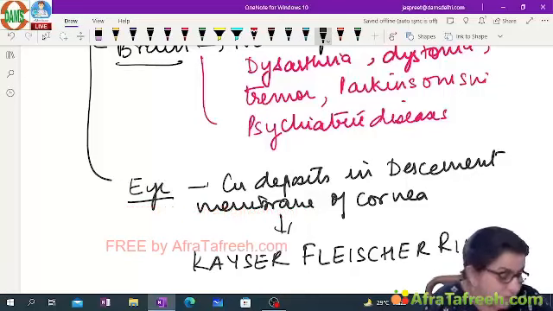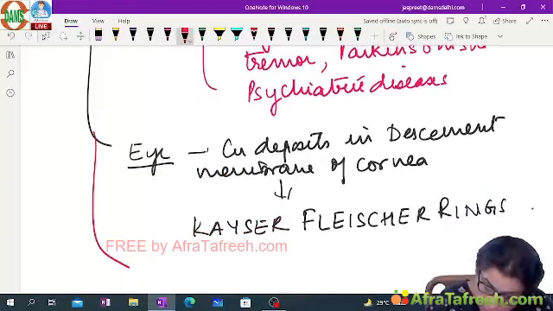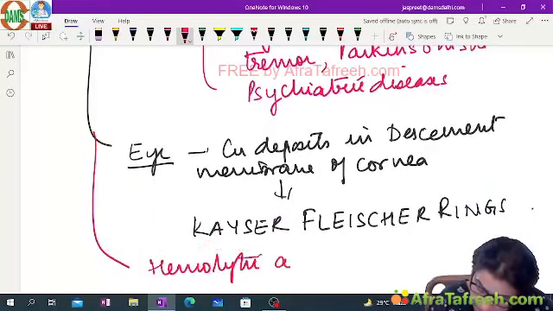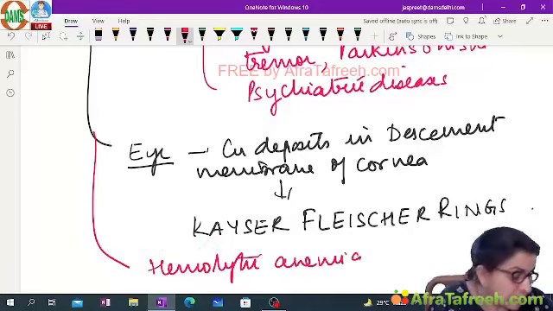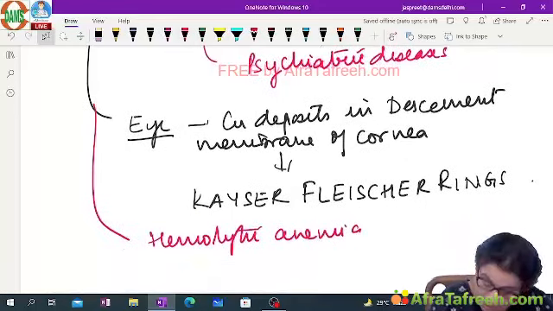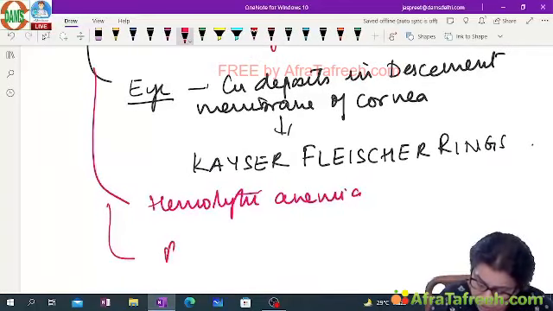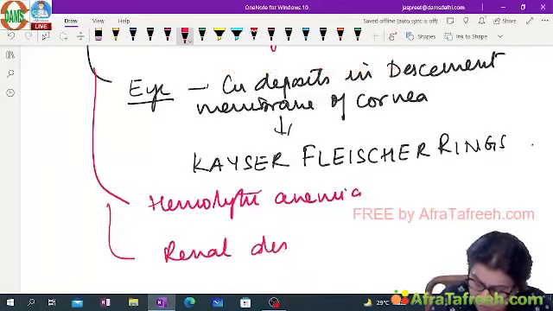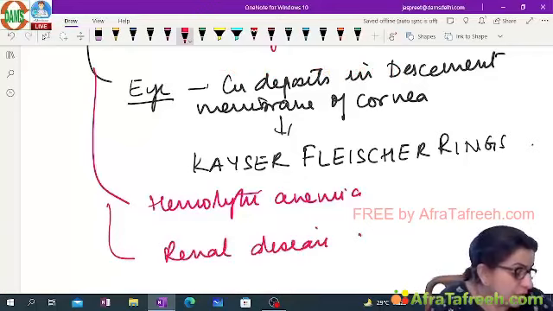So in the cornea we see Kayser-Fleischer rings. Okay, then copper also causes hemolytic anemia and kidney damage, renal disease.